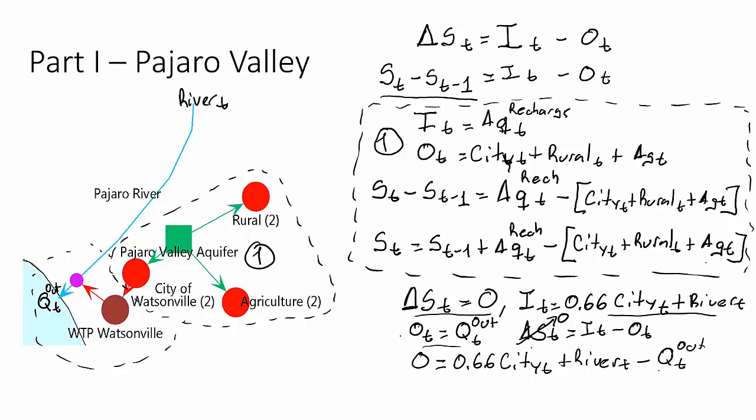And because we want to solve for this one, this Q out will be equal to 0.66 times the city of Watsonville plus the water coming from the river, this Q river. Okay?